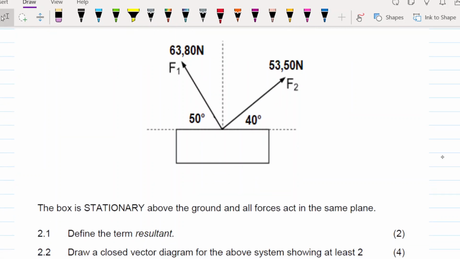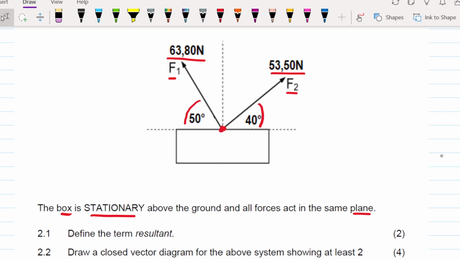So we have F1 is 63,8 Newton, and we have F2, which is 53,50 Newtons. This is the angle for F1, and that's the angle for F2. So this is the box. The statement now says the box is stationary above the ground and all forces act in the same plane.